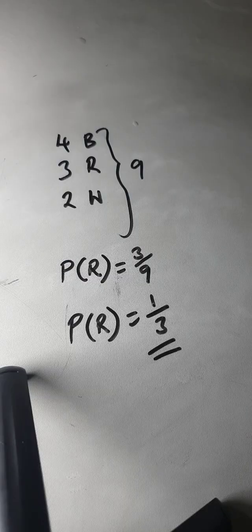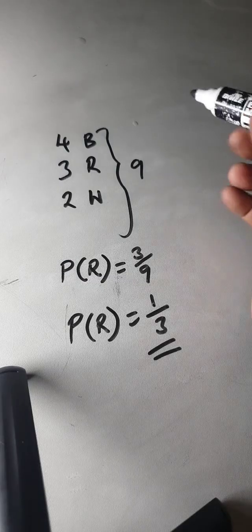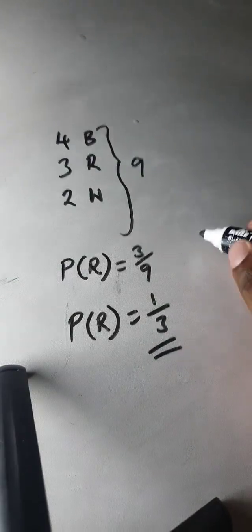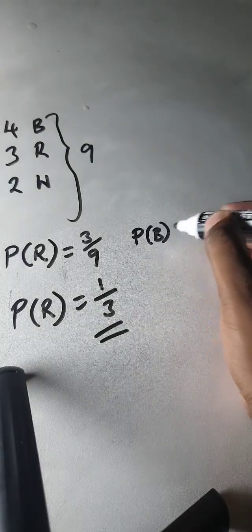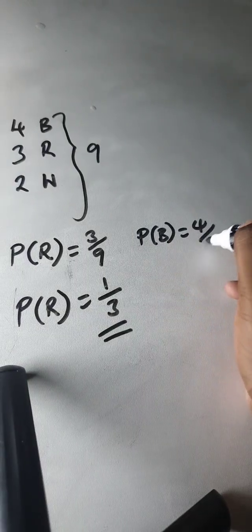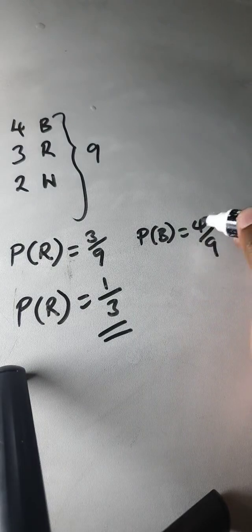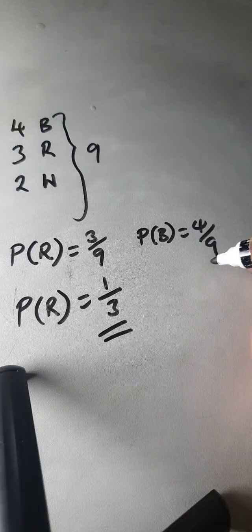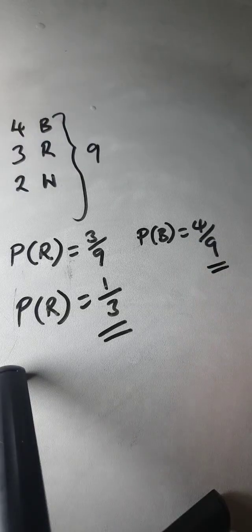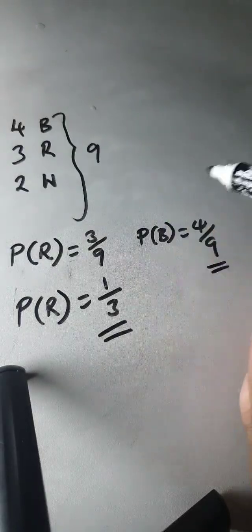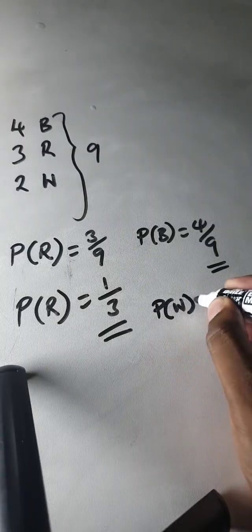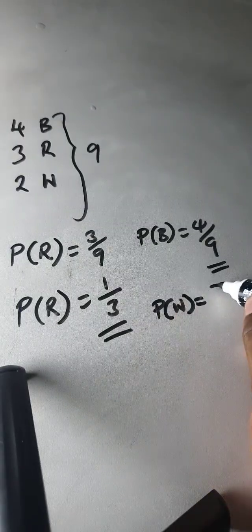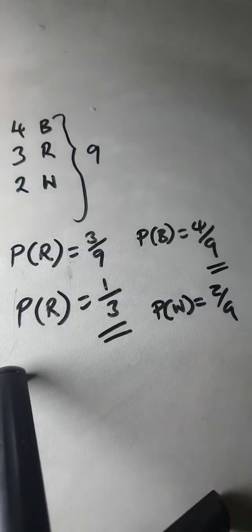For a blue marble, it will be 4 out of 9. This one can't be simplified because we have even and odd numbers, so just leave it like that. Same, the probability of picking a white marble will be 2 out of 9. Simple, right?